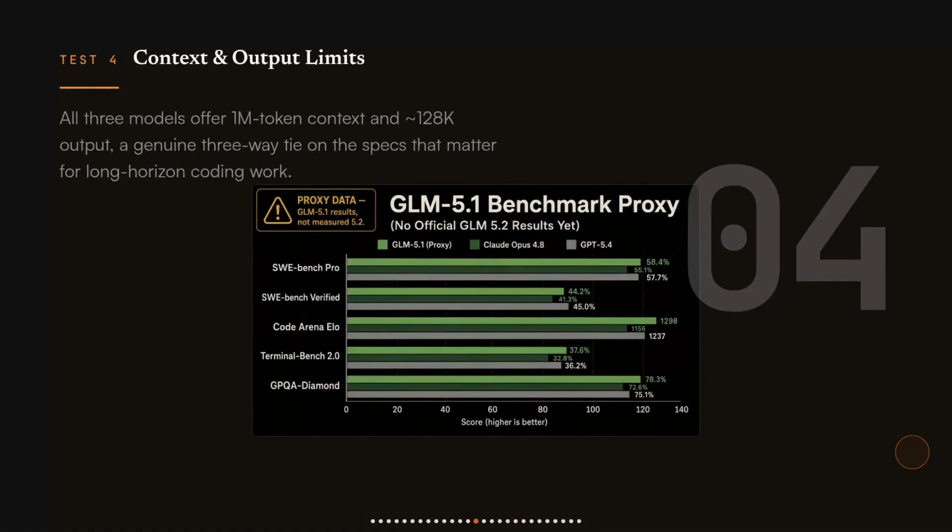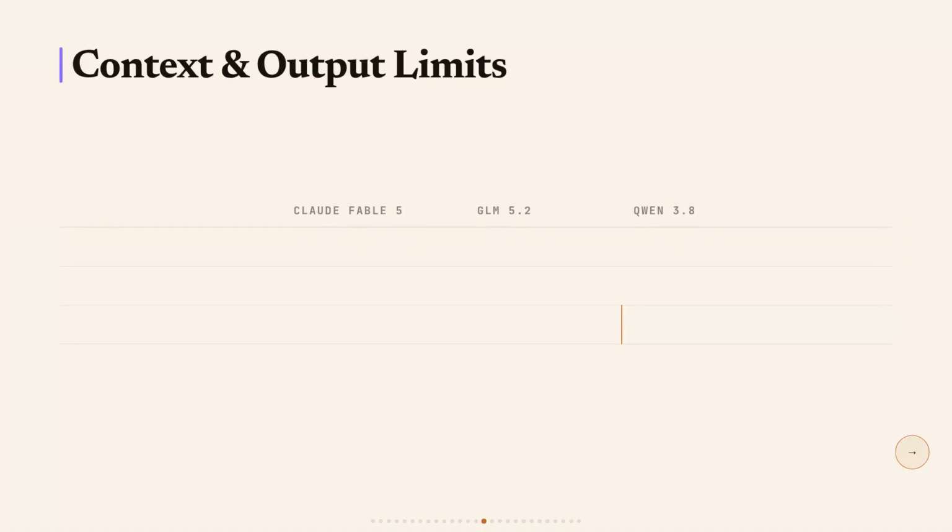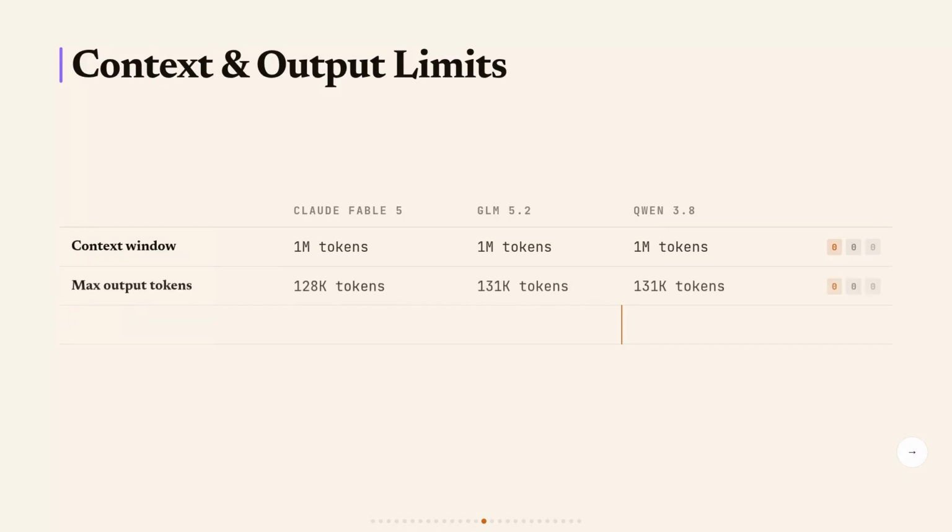This is the one place all 3 actually line up. Every model ships a 1 million token context window. Max output sits at 128K for Fable 5 and 131K for both GLM 5.2 and Qwen 3.8, a gap so small it's immaterial. The only separation is in reasoning depth. Fable 5 uses adaptive thinking.